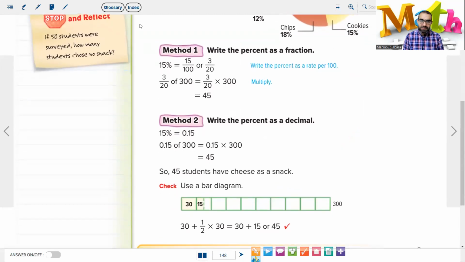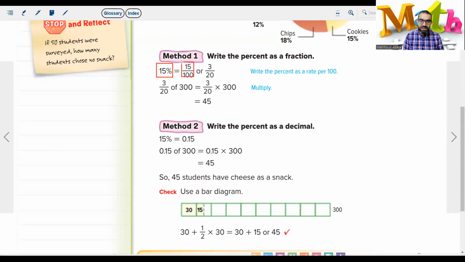We have two methods. Method number 1: 15%, we know as a fraction, it's 15 over 100. If we divide by 5 up and divide by 5 down, this will give 3 over 20. So 15% of 300 is like 3 over 20 multiplied by 300.